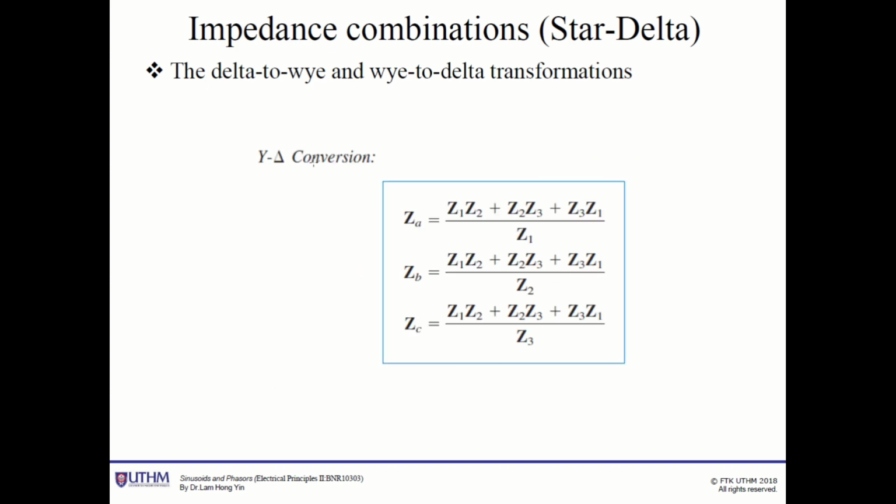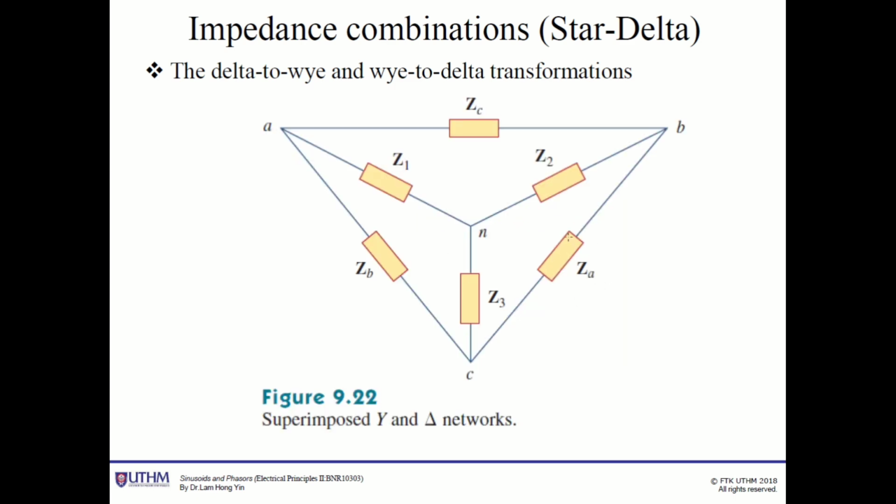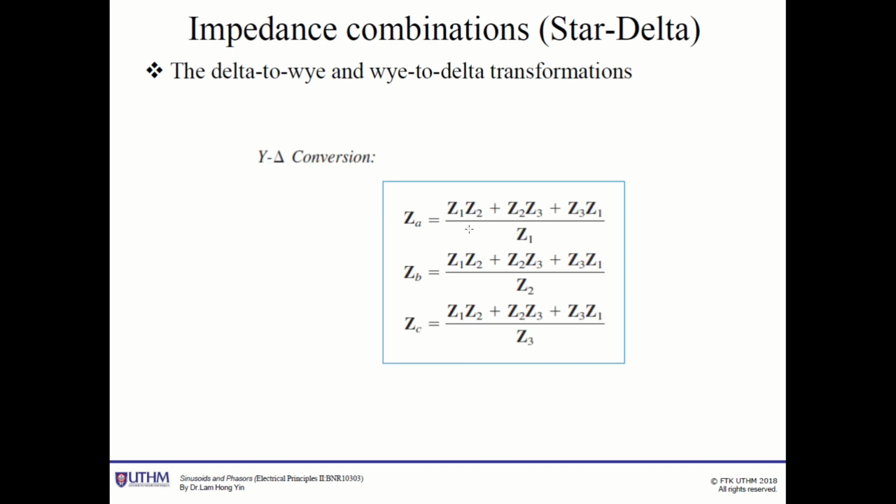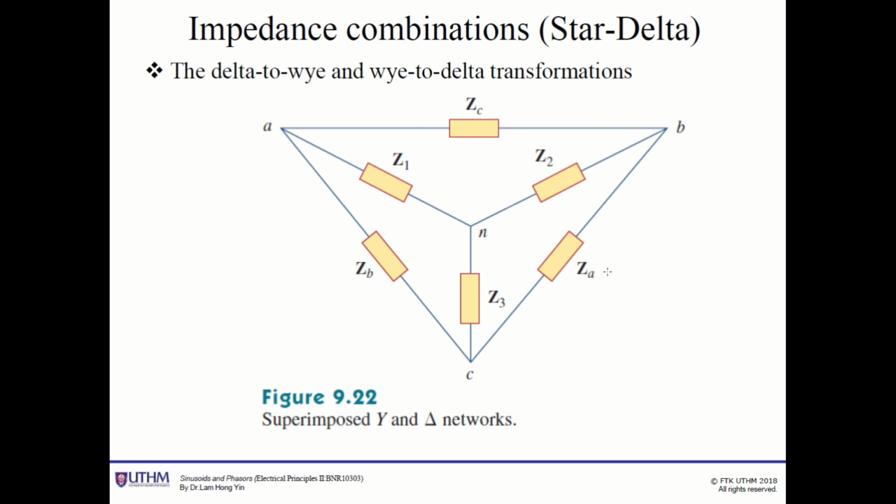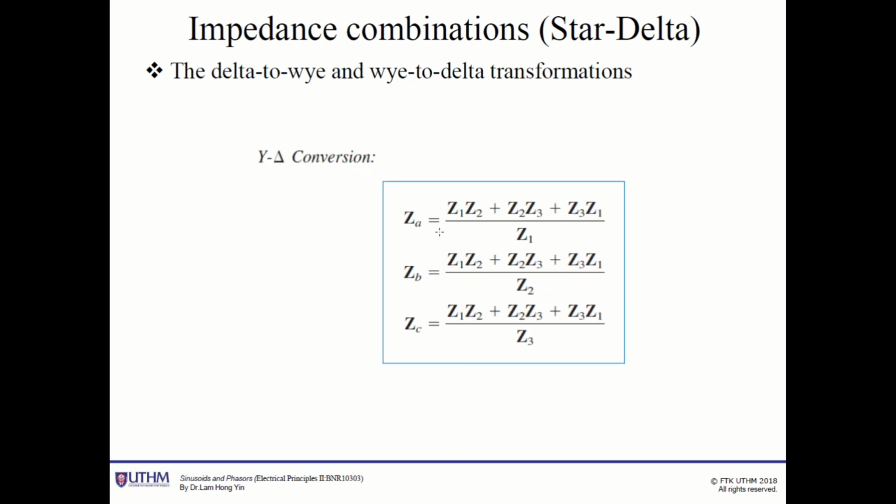So this is the conversion from Y to delta. You need to remember this equation. For example, Z1, Z2, and Z3 are given, and you need to change them to a delta form to simplify your circuit. To get ZA over here, we need to use this equation.